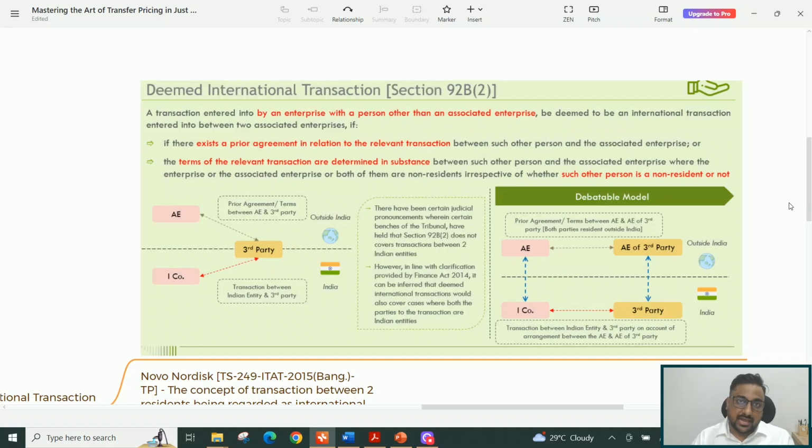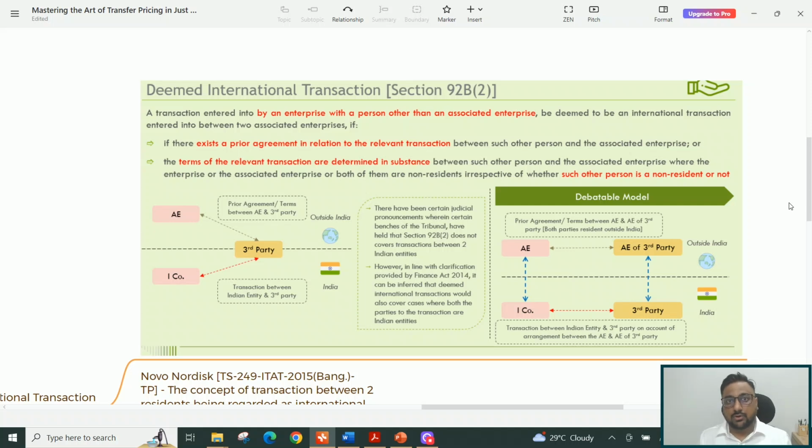This may happen when major companies have a global agreement with global service providers. For example, MasterCard may have an agreement with IBM to render IT services to all the MasterCard entities in the entire world from IBM's regional companies. Such agreements may happen and it has been a debatable model.